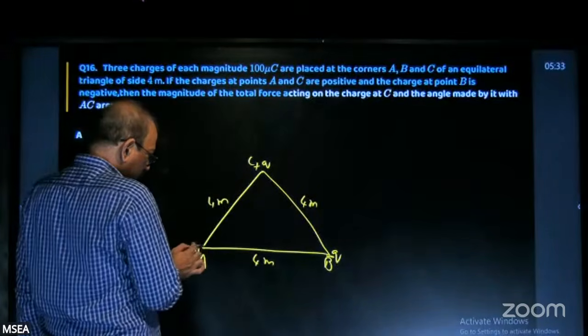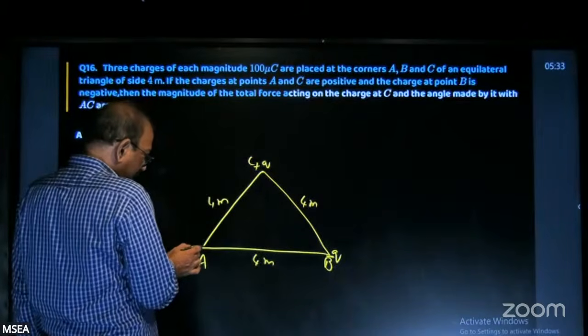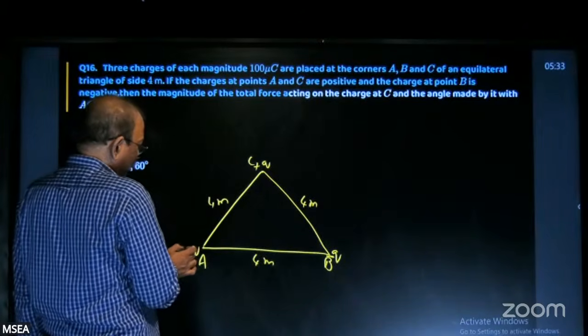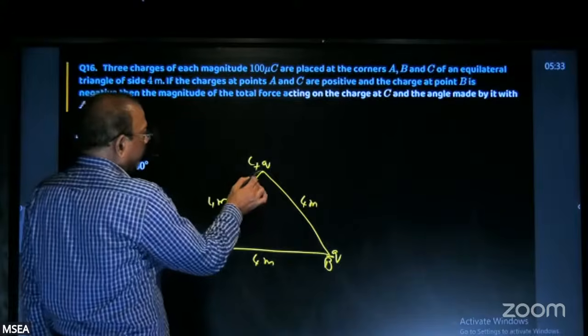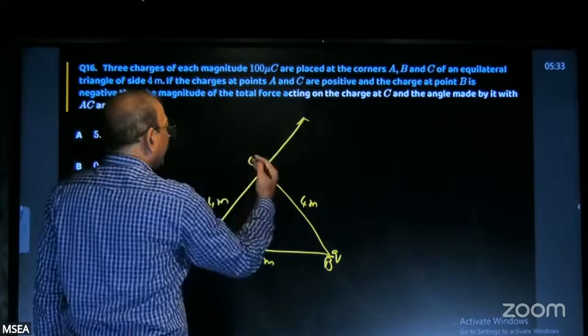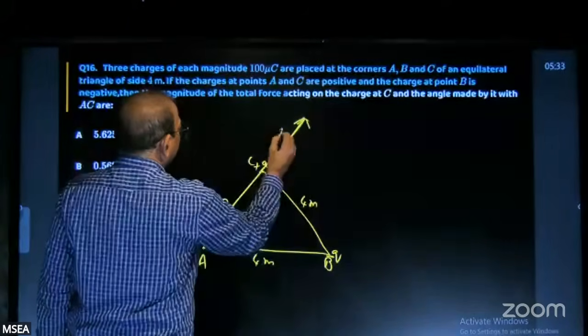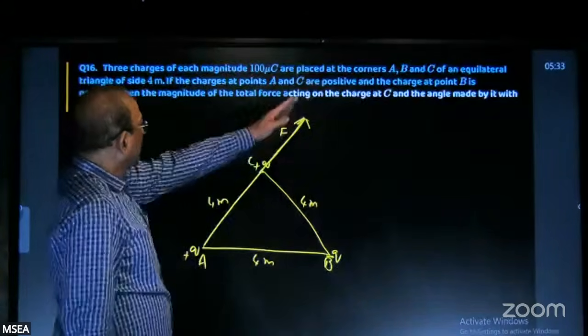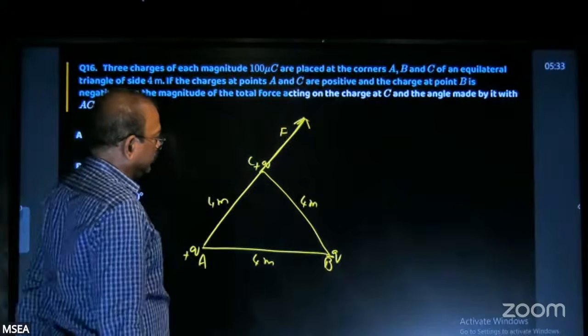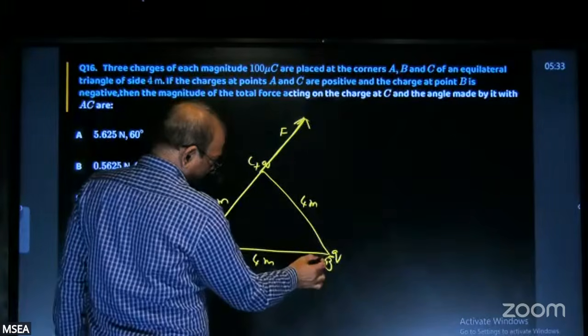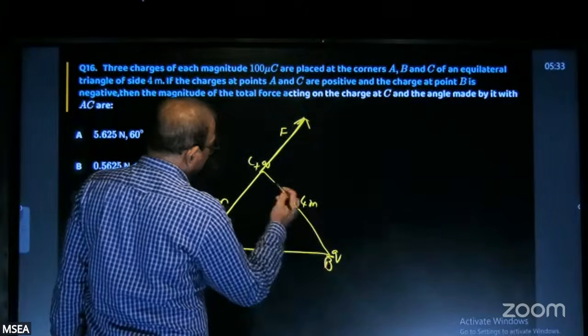So first you observe the individual forces. The plus Q charge at vertex A will repel the plus Q charge at C. So that repulsion force, F, I am taking. It will act along this line, outward. At vertex B, the negative charge is there.